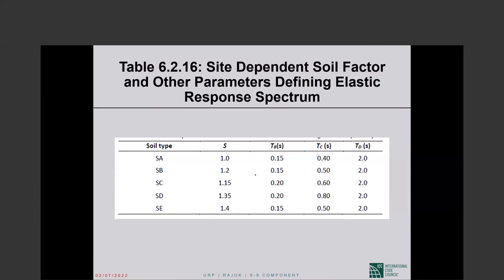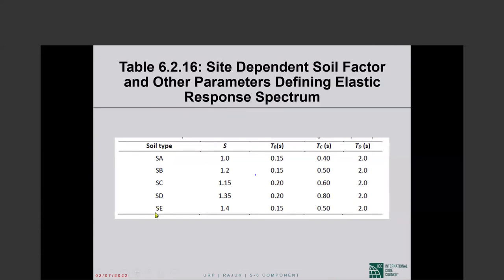Okay, this very important table in BNBC 6.2.16 gives you basically your ability to construct the design spectrum, the site-dependent soil factor, and other parameters defining the elastic response spectrum.